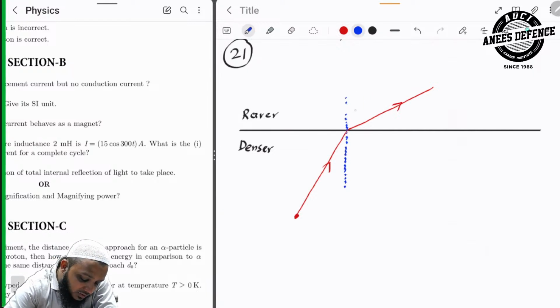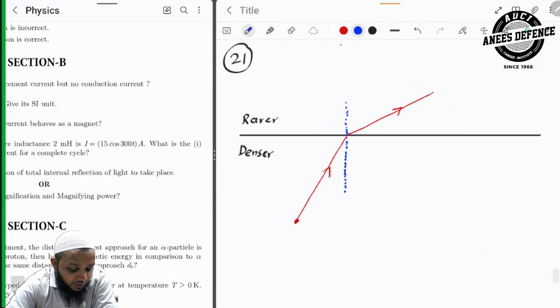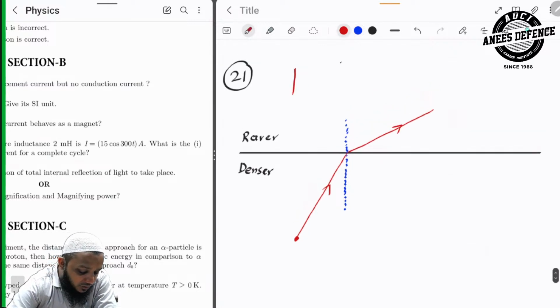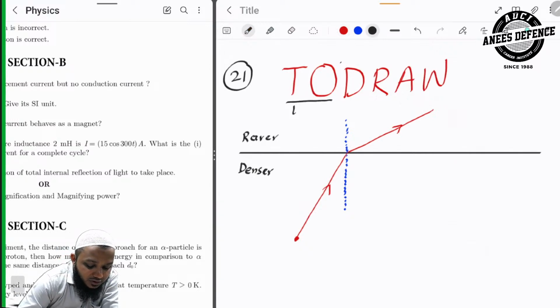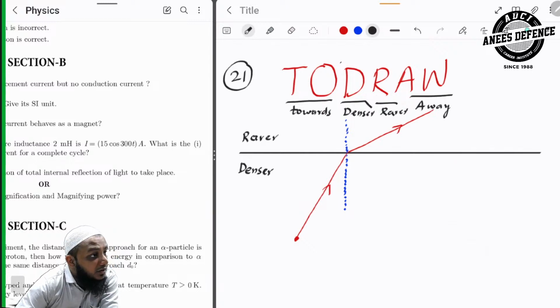Now students forget this towards the normal or away from normal. Therefore, we have to make a trick for this also. You can remember it by drawing. See how to use this trick. 2 says towards, D says denser, R says rarer, and AW says away.